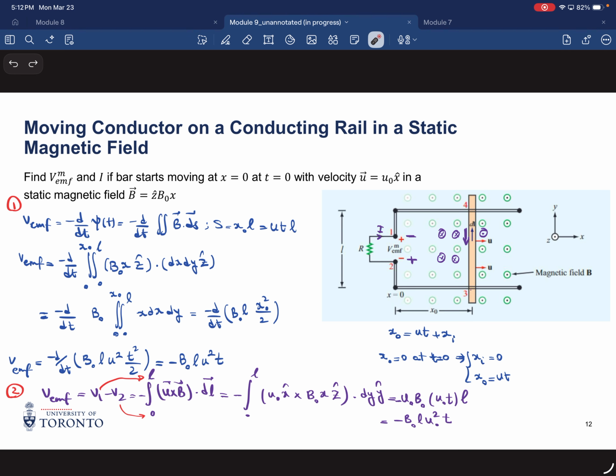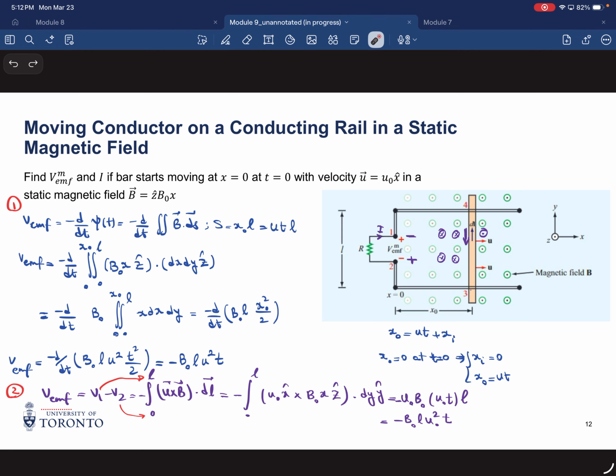We said if x naught changes with ut, which is the velocity multiplied by time, then if you multiply that by the length, you would get the area. So we could have said, Vm here is basically the time derivative of this function where x naught is changing by time.